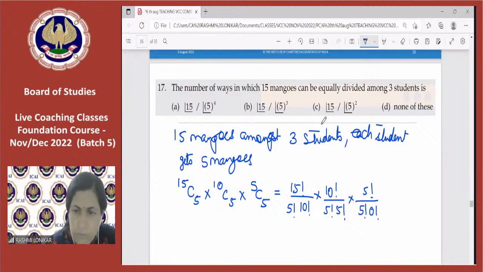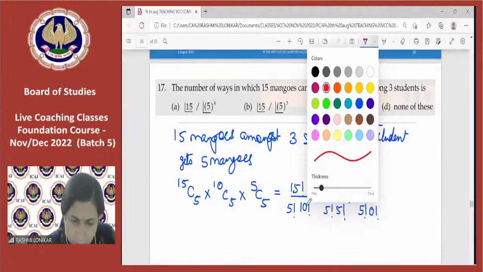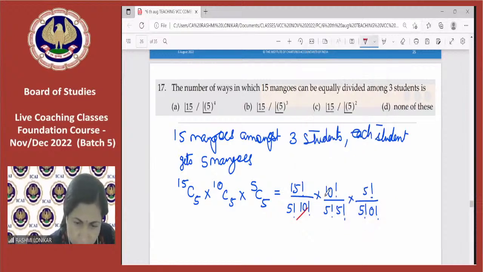Now, this 10 factorial cancels with this 10 factorial. This 5 factorial cancels with this 5 factorial. And I get this as 15 factorial upon 5 factorial cubed.